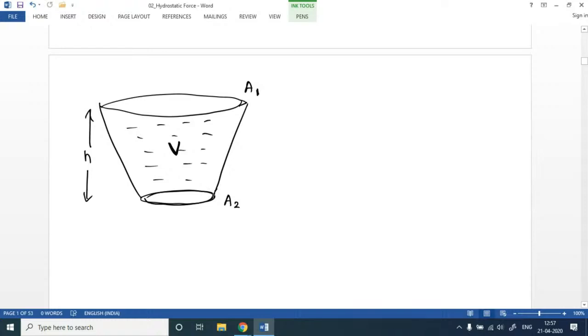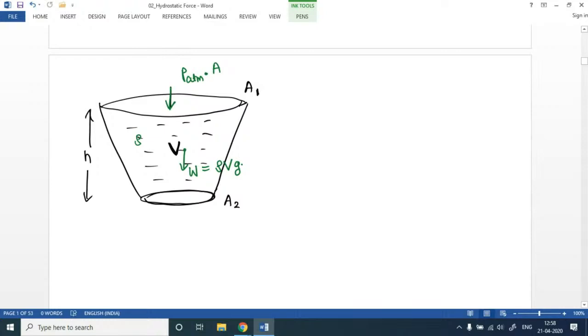So considering the equilibrium of forces, first of all, the atmosphere will apply a vertically downward force. Let's say that would be P ATM into A1. And apart from that, the liquid will experience its weight, and weight would be nothing but, let's say density of liquid is rho, so rho into V would be its mass, into g.